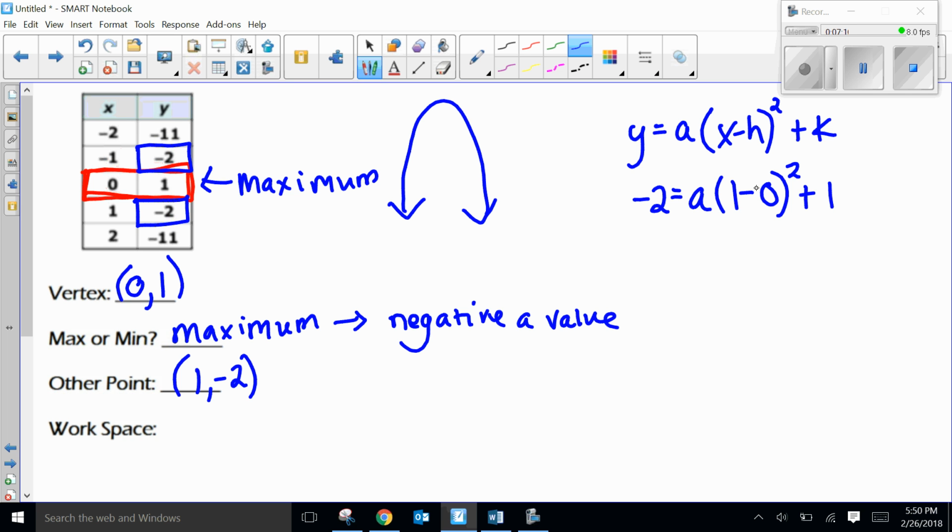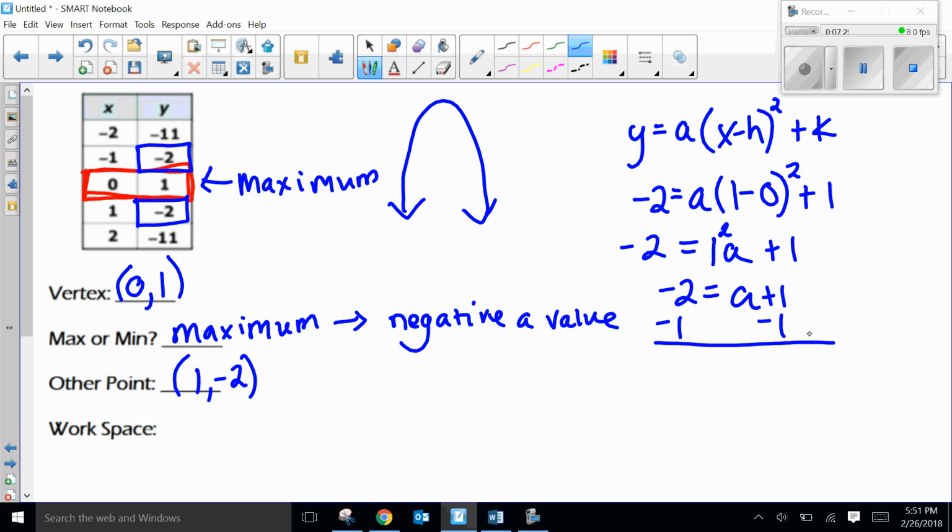So 1 minus 0 is 1. Okay, so I want 1 squared times a plus 1 equals negative 2. 1 squared is just 1, so I have a plus 1 equals negative 2. Subtracting 1 on both sides, negative 3 equals a.